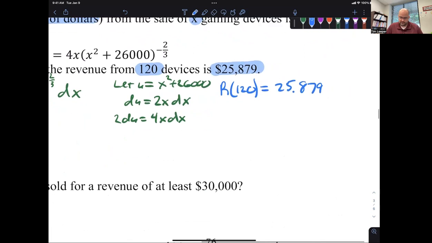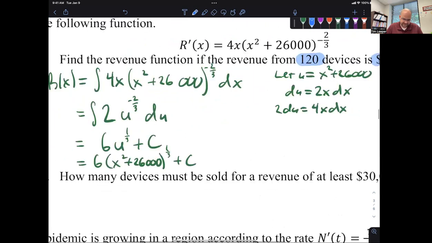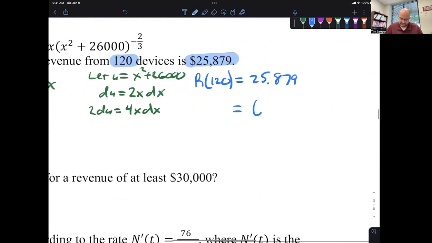Good. Now, since that's the case, if I plug in 120 for the x here, that gives me 6 times (120 squared plus 26,000) raised to the 1/3 power plus c has to equal 25.879. Fantastic. I'm just going to type this into the calculator.